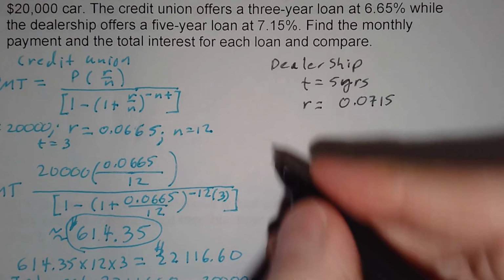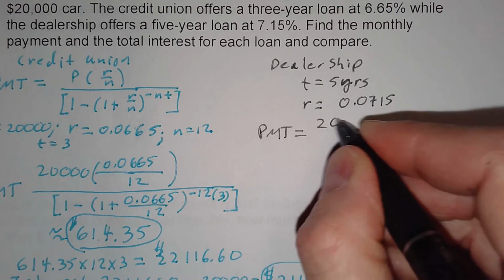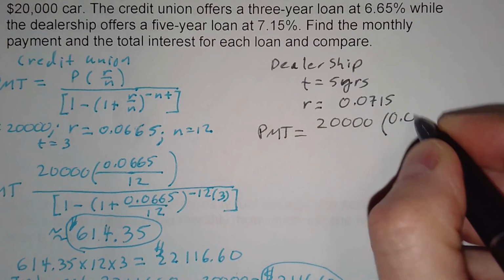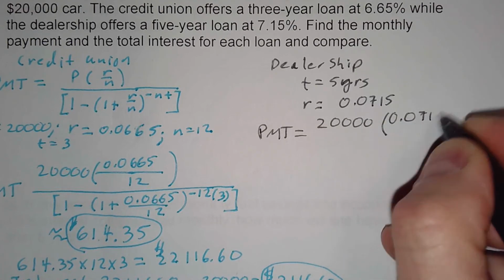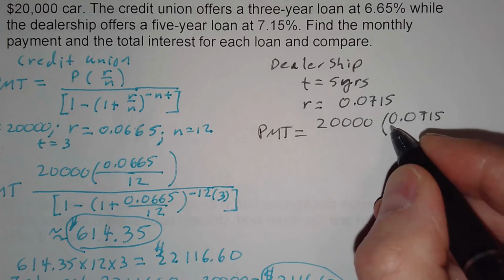So when I'm plugging in here, I'm still using the 20,000, it's still going to be over 12.